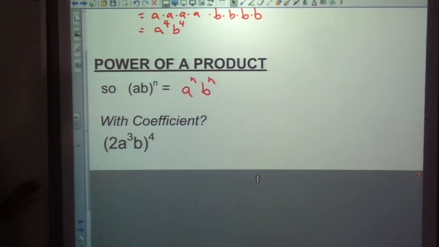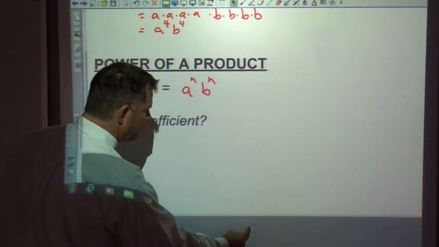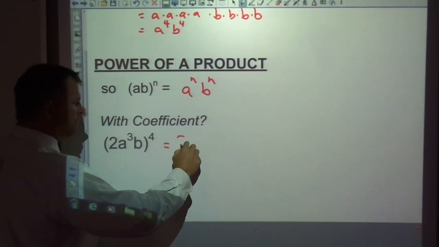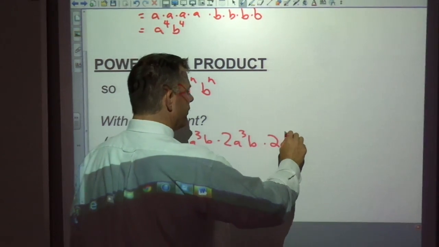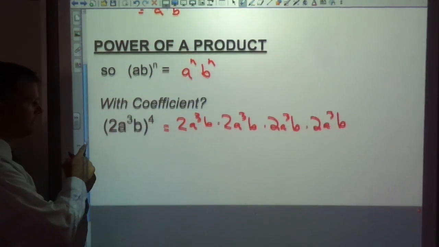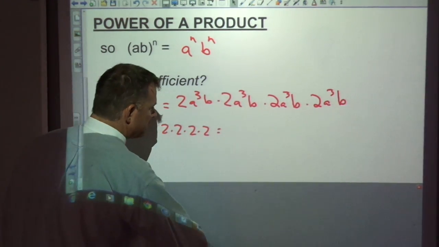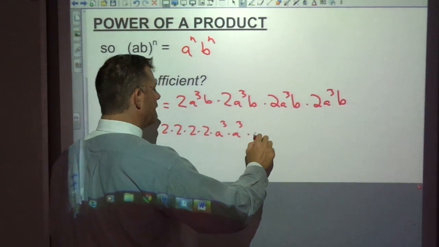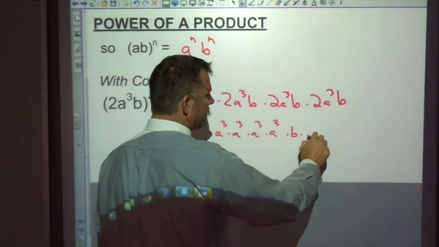What if we have a coefficient? Like 2a to the third b raised to the 4th. Now we've got a 2 in there. How does that change it a little bit? Well, now all of this is times itself. 2a to the third b, 2a to the third b, 2a to the third b, 2a to the third b. We can change the order again. We can put the 2's in the front. 2, 2, 2, 2. Then a to the third, a to the third, a to the third, a to the third, grouped together, and then put the b's coming last.